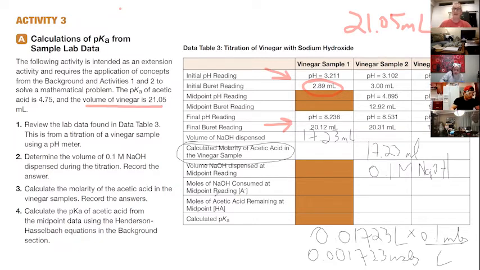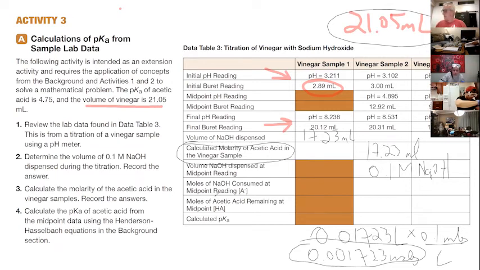And that is the number of moles of acetic acid. That is the volume. And so we just calculate the molarity. So our molarity is 0.0819 molar. And you're probably fine with just rounding that to two digits.